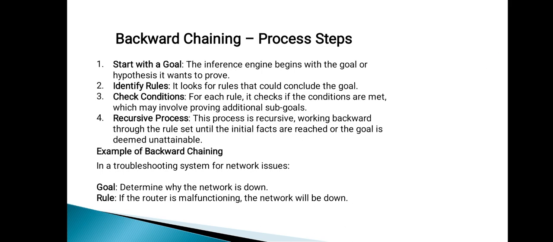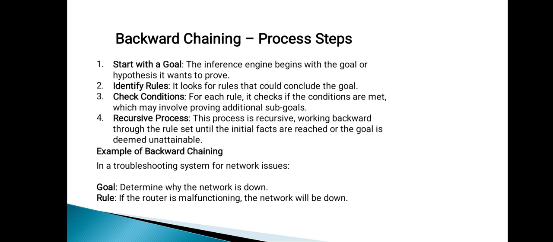Suppose the goal is to determine why the computer network is down. The system finds a rule stating that if the router is malfunctioning, then the network will be down.